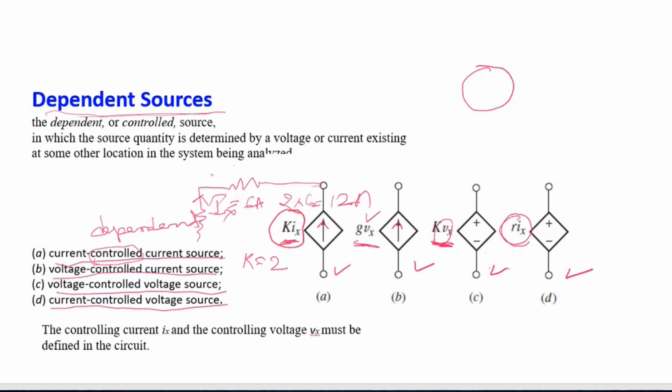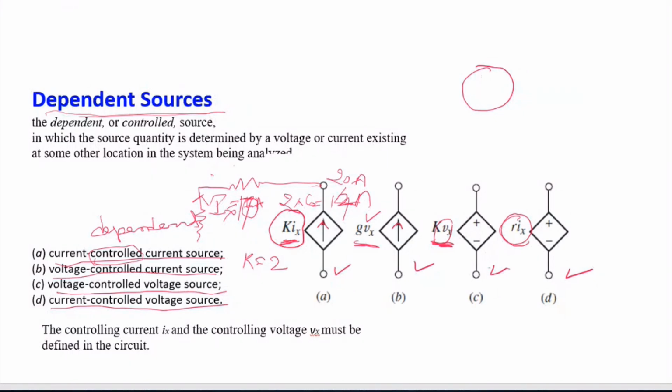Suppose Ix changes to 7 amperes. Then the magnitude is 14. If it goes to 10, then it is 20. That means the magnitude of this source depends upon some other value in the circuit.